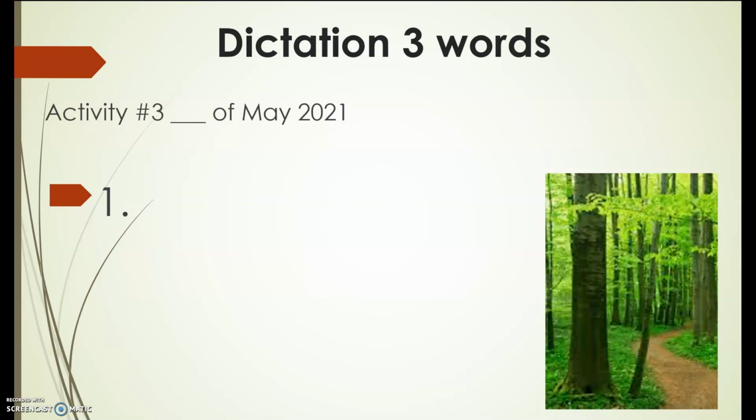Number 1, spell the word physical. Number 2, spell the word animals. And number 3, spell the word environment.